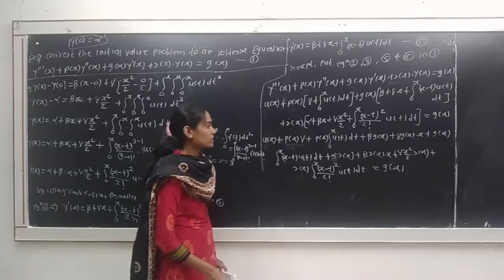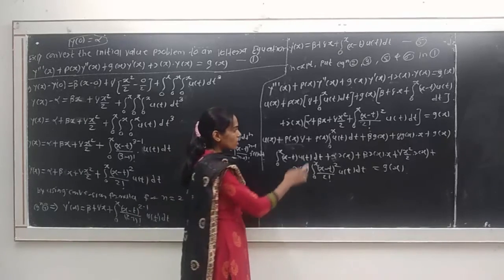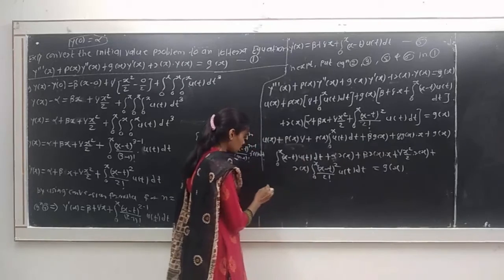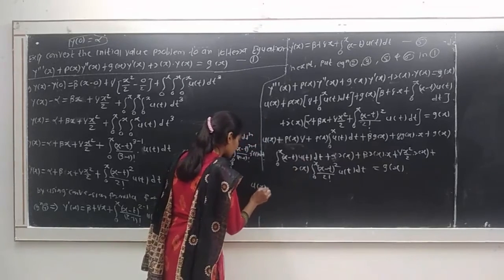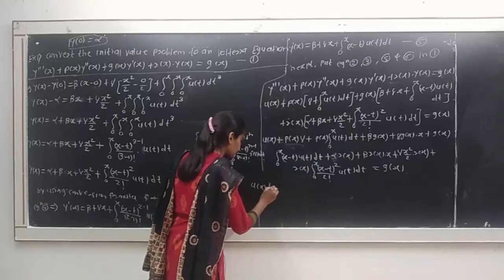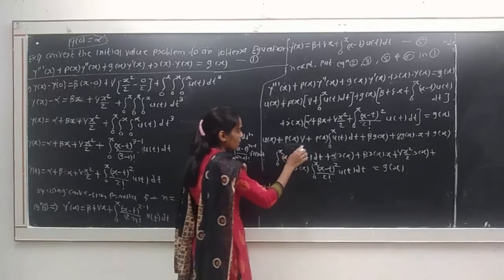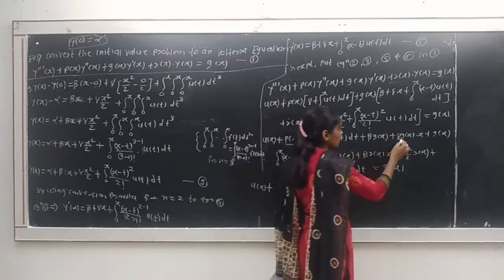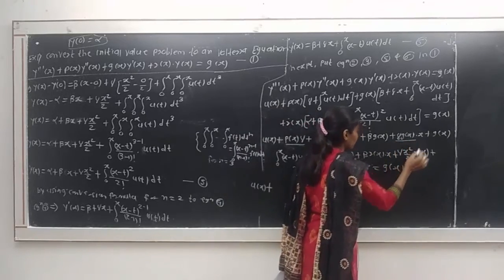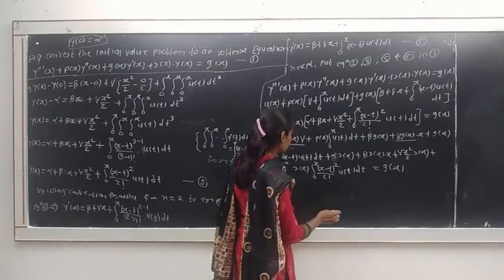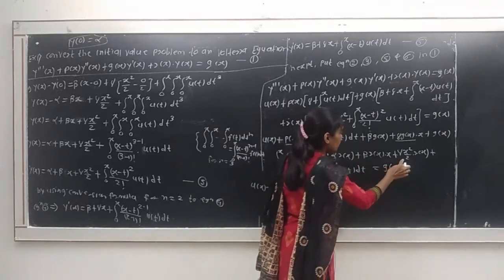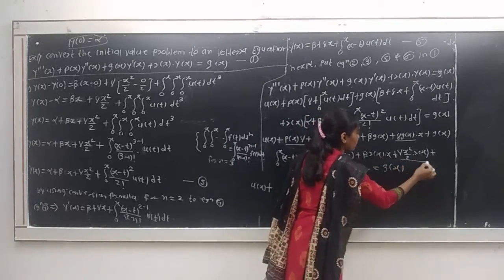We separate the terms of alpha, beta and gamma. We get u of x plus terms of gamma are here: p of x into gamma, then gamma into q of x, then the next term is gamma into x square by 2 r of x.